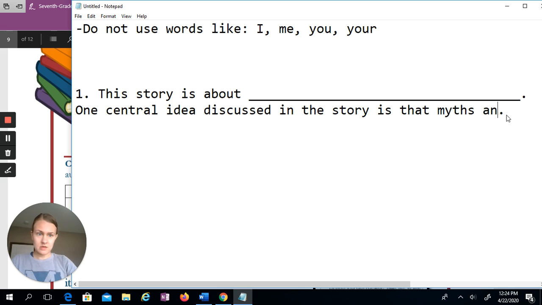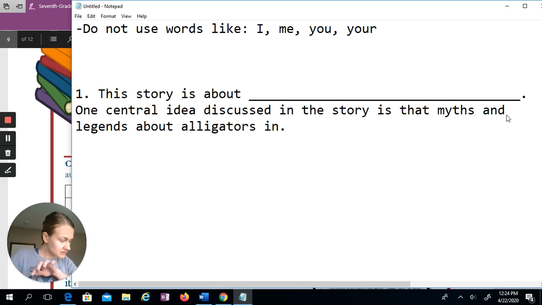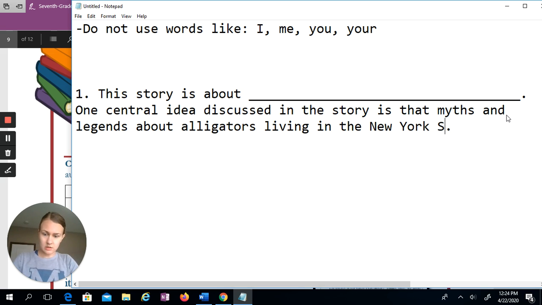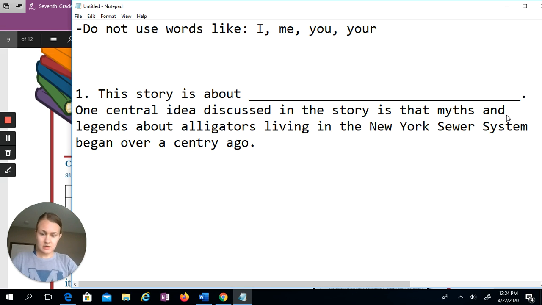myths and legends about alligators living in the New York sewer system began over a century ago.